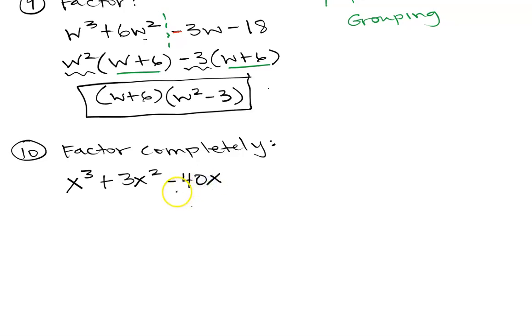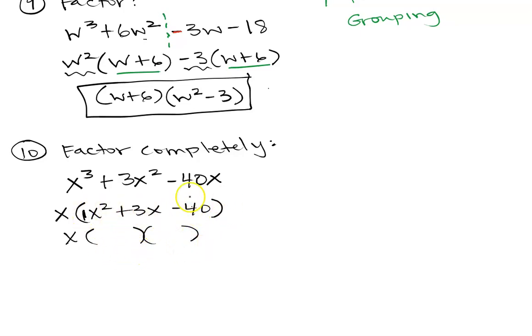Okay, so is there a greatest common factor of all three of those terms? X. Yeah, x is the only thing that can come out, all right, which will leave us x squared plus 3x minus 40. Okay, now our leading coefficient is 1 here, so that means I can go straight to the double parentheses, right? So those parentheses.